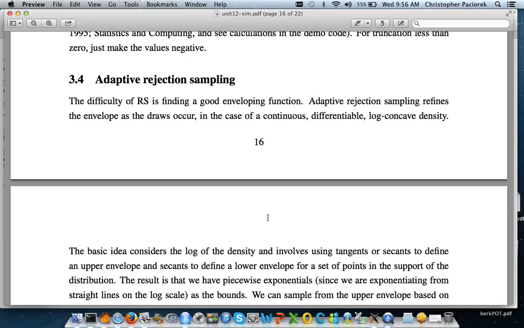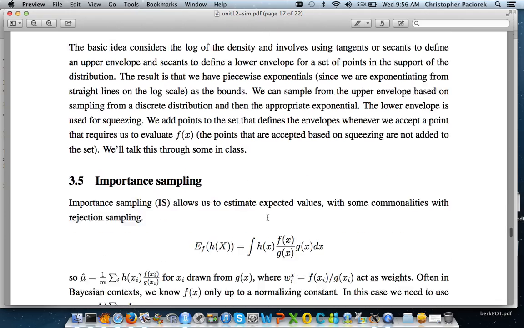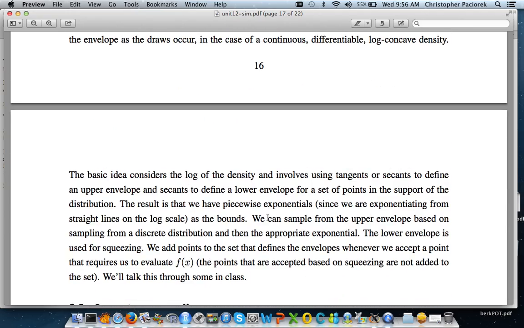And what is the recipe? Well, the recipe is I'm going to sample from the upper bound. I'm going to call this upper bound f sub upper n of x.